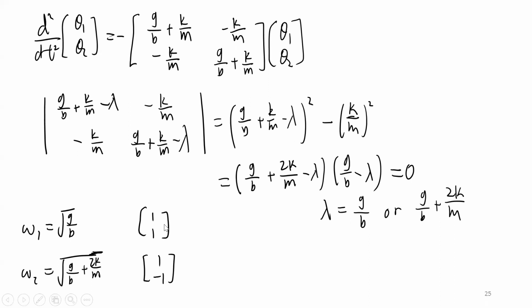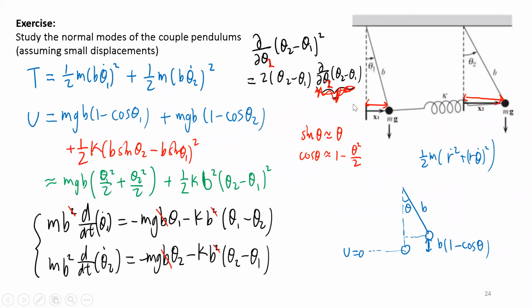So again, these two are not surprising, because if you just look at the system, you might already feel how the two normal modes look. The first one would be that the two pendulums oscillate in phase with the exact same amplitude.